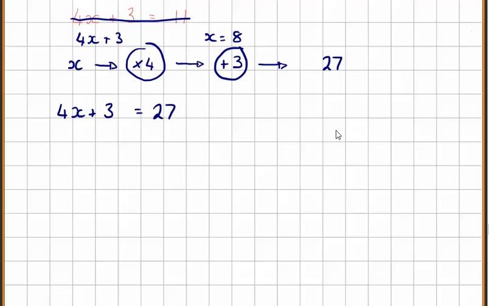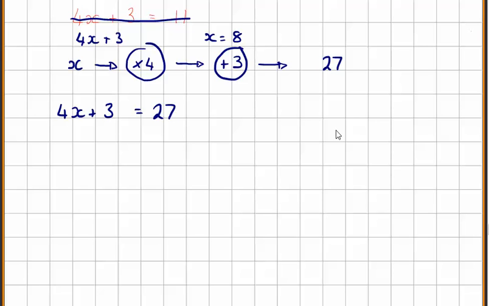I do 4 times what makes something, and then add 3. Yeah, but 4 times what makes something? 4 times something has to be what? 4 times 5. But why? Because 4 times 5 is 20.